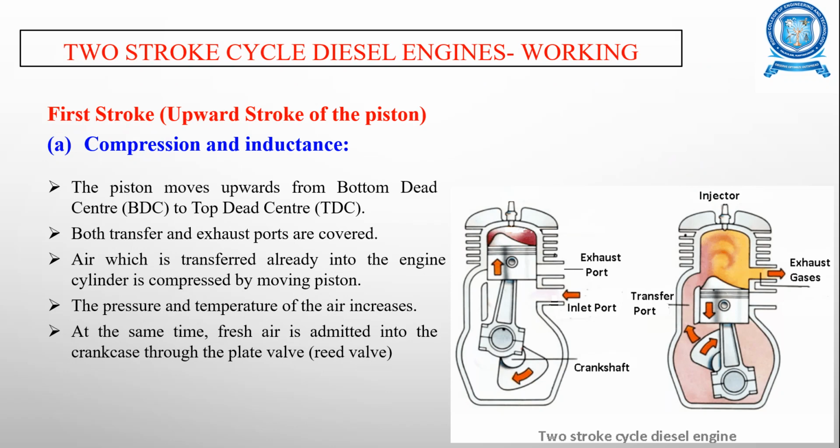Now the working of the two-stroke cycle diesel engine. Here you have two strokes, the upward stroke and the downward stroke. In the first stroke, the upward stroke of the piston, compression and inductance happen. The piston moves from the bottom dead center to the top dead center. The inlet port is open, and the exhaust port and the transfer port are covered by the piston itself.